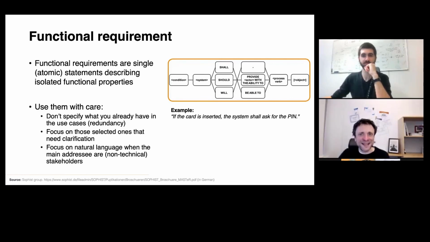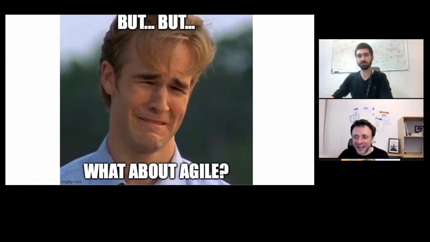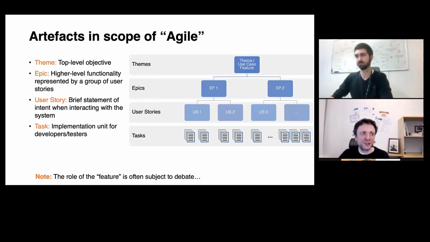Good. There's one concept left open, as we have discussed already. It's Agile. So what about Agile, for example? What about user stories? Which brings me to the artifact-centric view of Agile. So what is part of Agile and what is not? One of the claims that is very often made is that Agile doesn't pay attention to documentation, and this is not right.